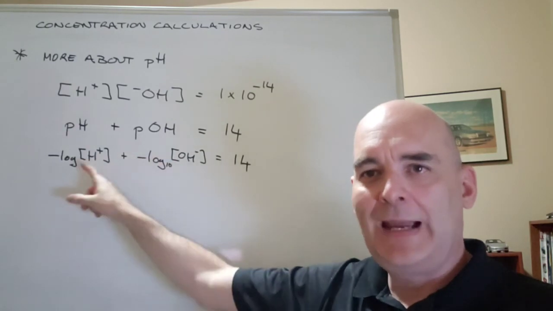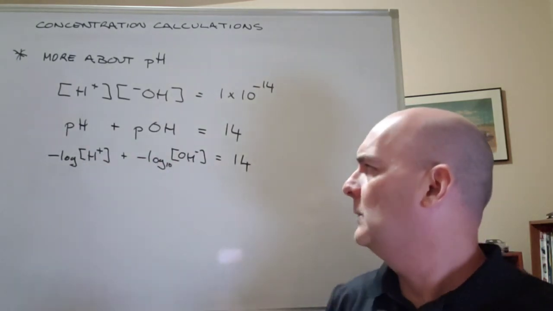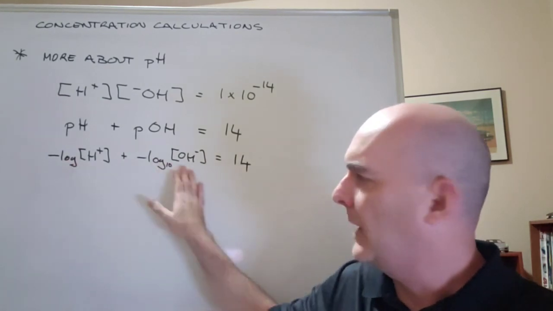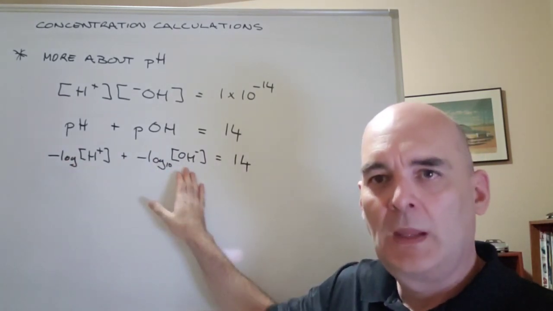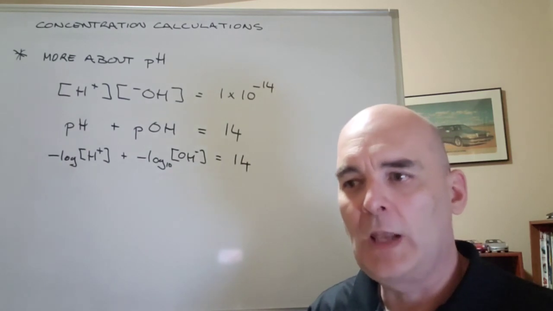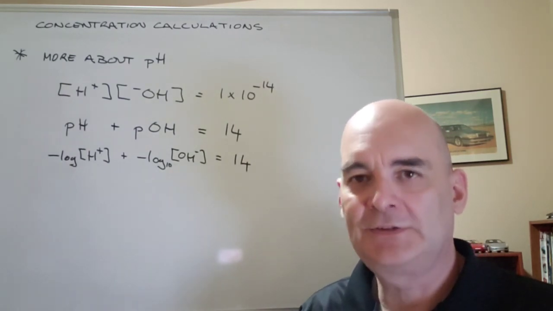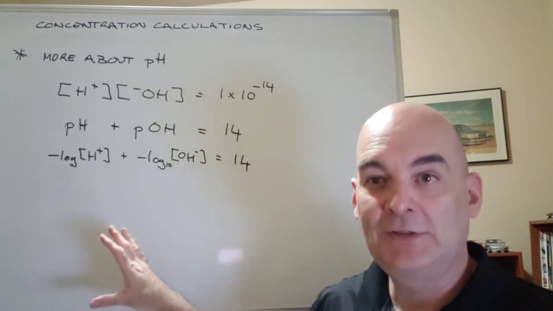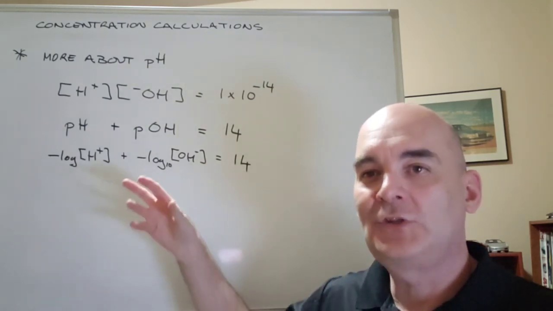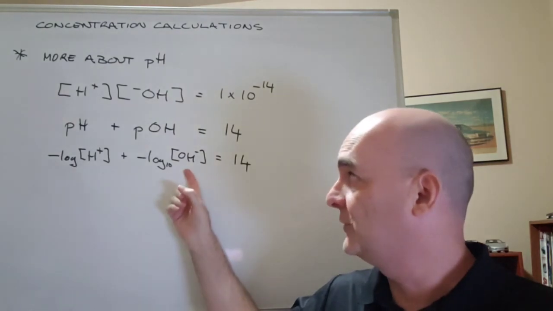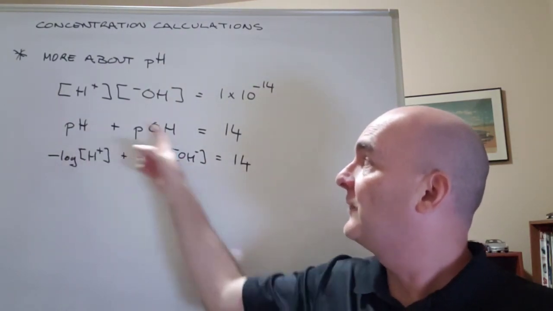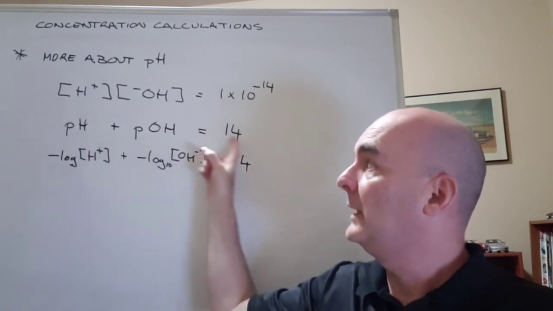Those two numbers added together equal 14. So if I know one of these numbers, I automatically know the other. And so sometimes we'll ask, here's a base, find its pH. What you do is you take that base, you realize how much hydroxide it's putting into solution, you find its pOH, and then you just find the missing number in this equation.